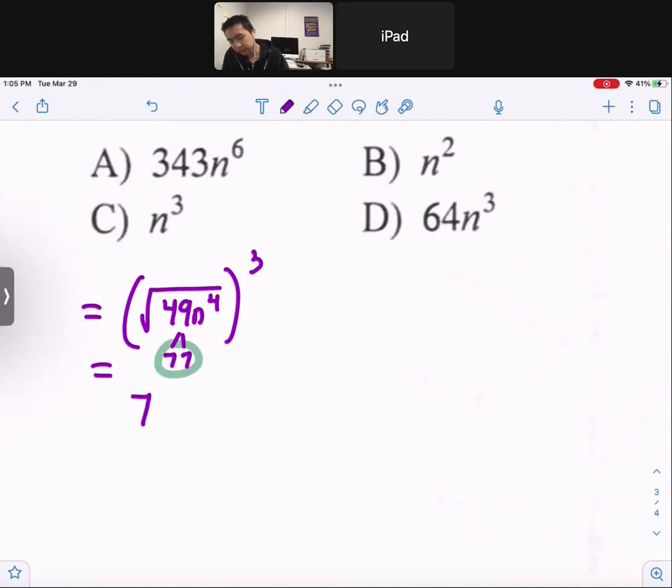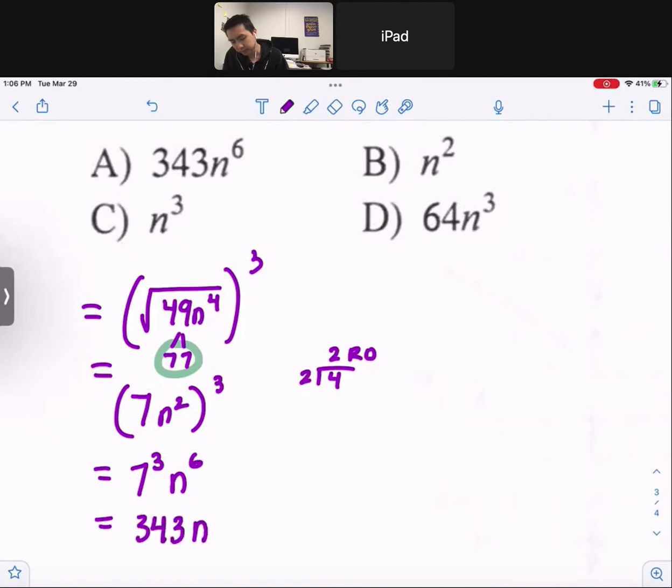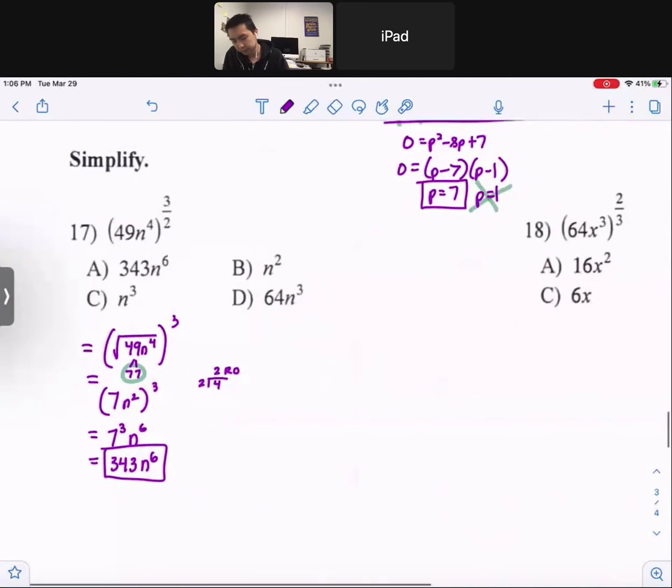And then, 2 goes into the exponent of 4 twice with no remainder. So it's going to be n to the 2nd, raised to the 3rd. So 7 to the 3rd power, right? 7 times 7 times 7, and then n to the 2 times 3, which is 6. So 7 times 7 times 7 is 343, and n to the 6, which is A.